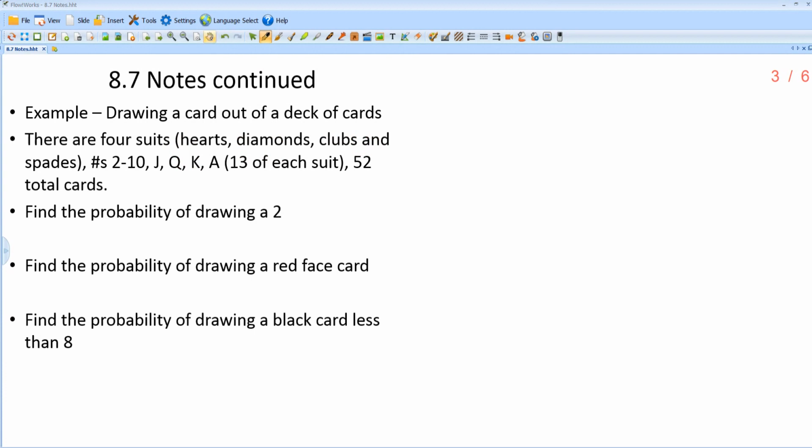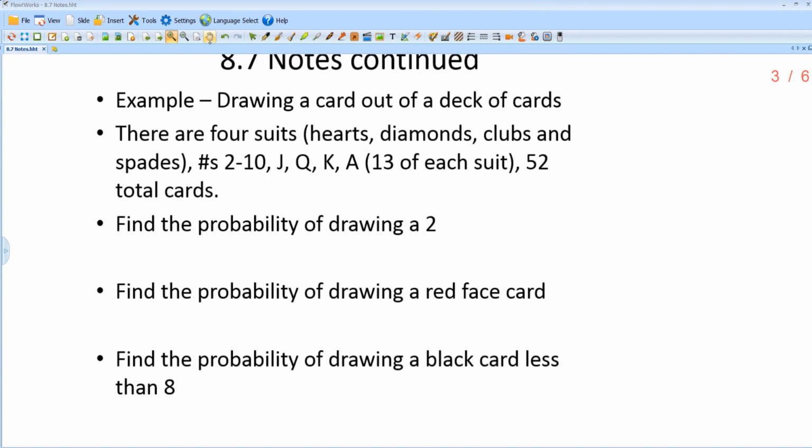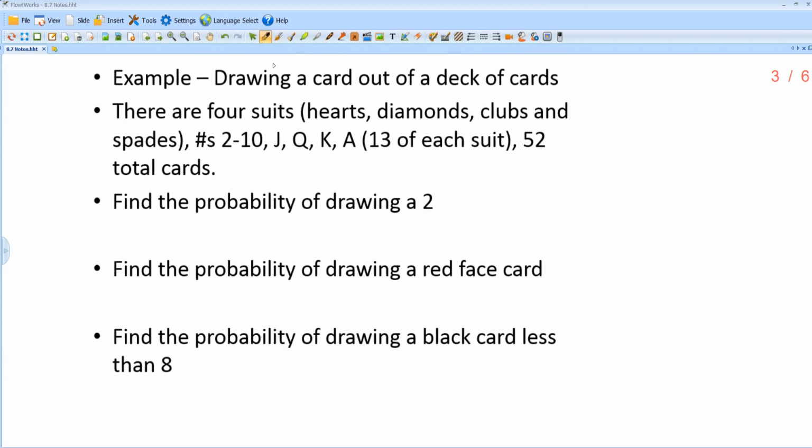All right, another example, and this one has to do more with cards. Sort of the common things that we'll work with are going to be cards, dice, and then maybe some heads and tails. So drawing a card out of a deck of cards, there are 4 suits: hearts, diamonds, clubs, and spades. Those are different types of suits for cards.